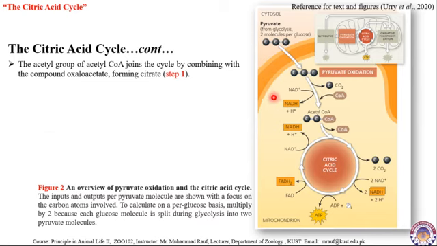Now you can see here this acetyl coenzyme A molecule is entering this cycle, and it has 2 carbons, and both the carbon atoms are liberated in steps 2 and 3.